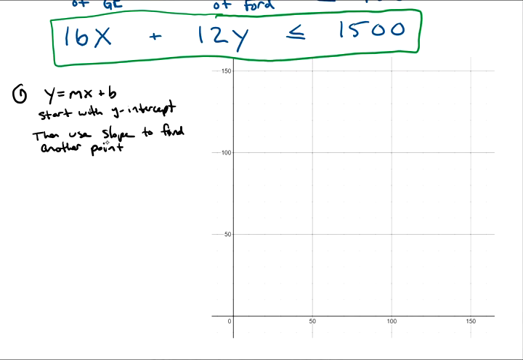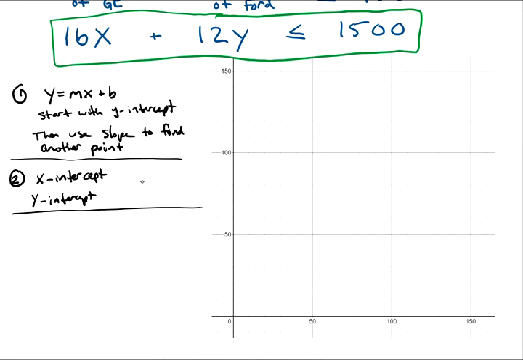So solve for y equals mx plus b, start with the b, which is a point on the y-axis, and then use the slope to get the second point. Option number 2 is to find the x-intercept, that's a point on the x-axis, and find the y-intercept, that's a point on the y-axis. That's also going to give you 2 points.